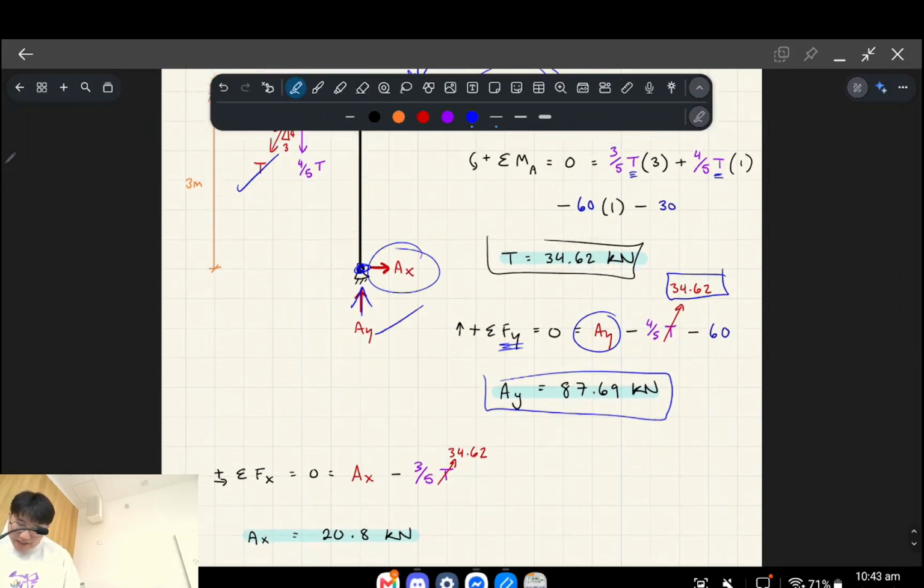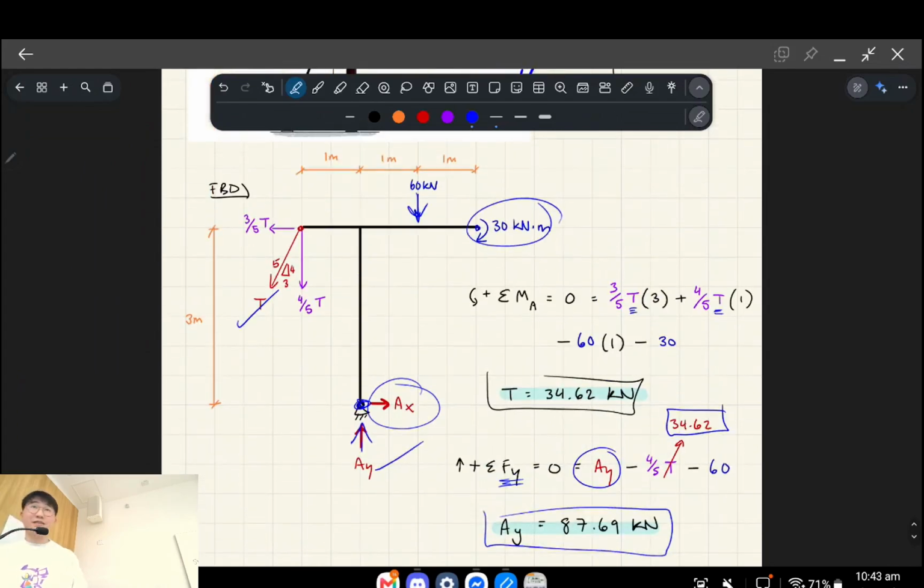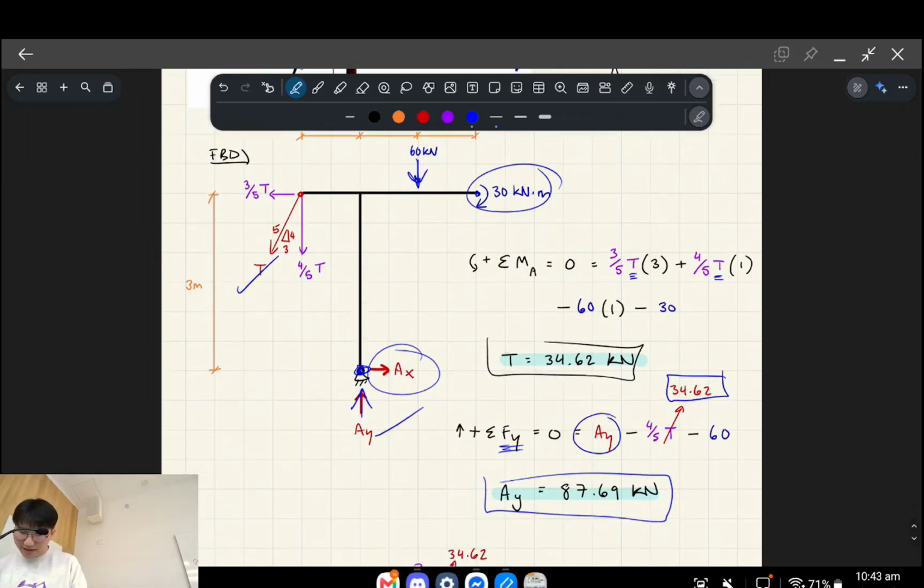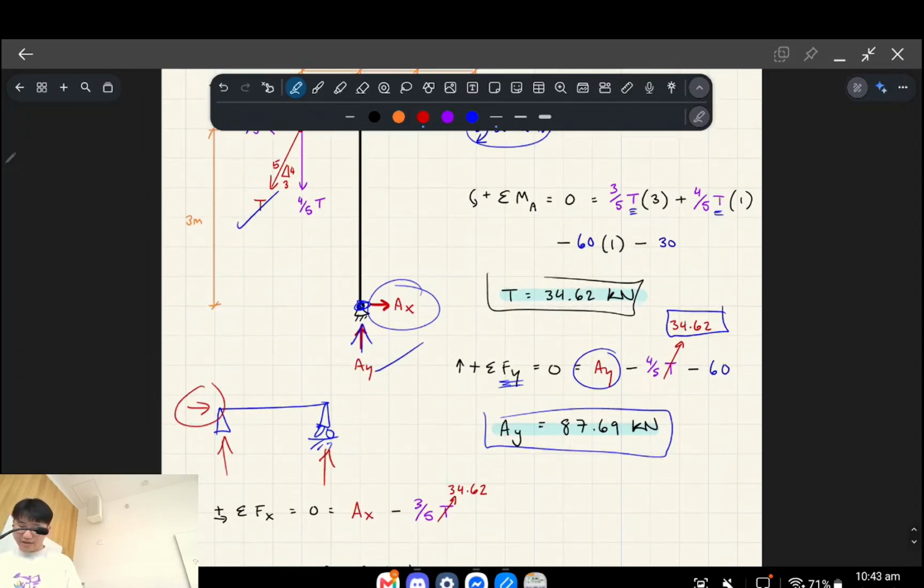And then lastly, AX. Now, in the previous examples for beams, say a simply supported beam, you've seen that this horizontal reaction hasn't done anything. That's because we haven't had a horizontal external load, like in question 1.